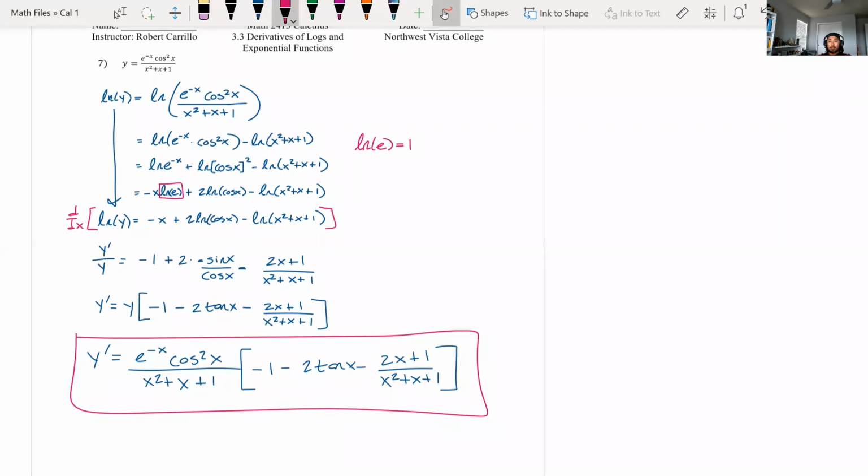I mean, just imagine without logs going a long way. That'd be not fun.